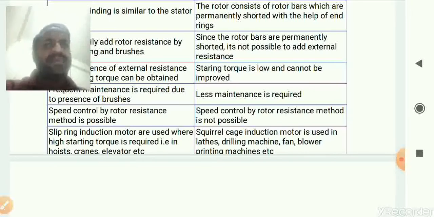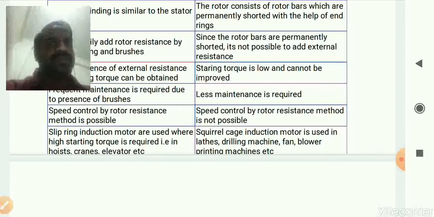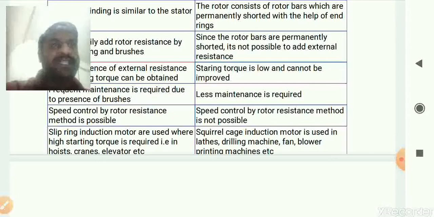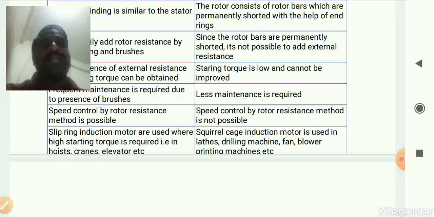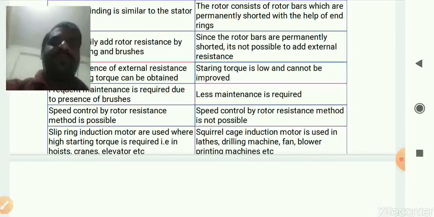But such a facility is not available in the case of the squirrel cage induction motor. So the applications of squirrel cage induction motors are limited to low starting torque applications like drilling machines, fans, blowers and printing machines, whereas applications requiring high starting torque can use the slip ring induction motor, like cranes and elevators.